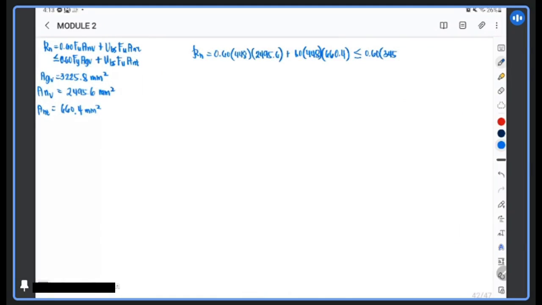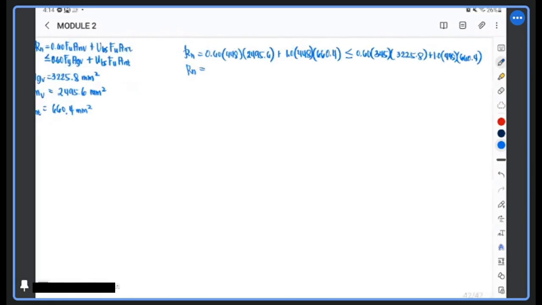What you will compute is in Newton, so you have to divide it by 1,000. Anong sagot?